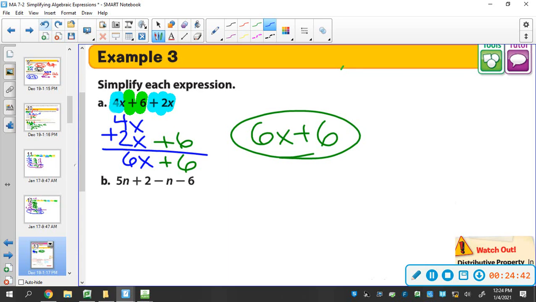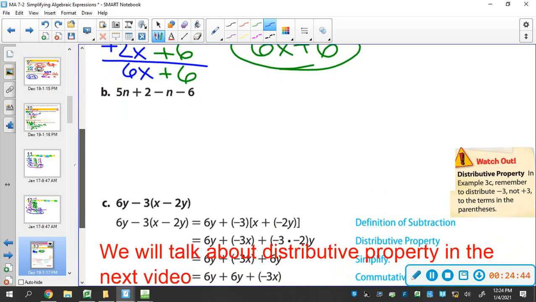Okay? On the next one, my like terms are 5n and negative n, positive 2, negative 6. So I have my 5n and my negative n, and then my 2 and my negative 6.